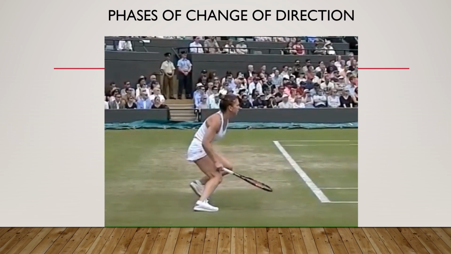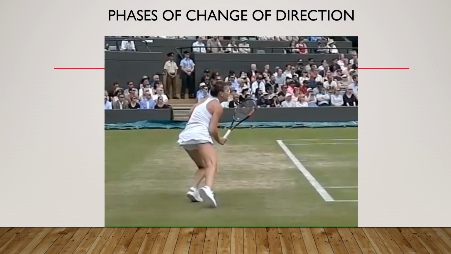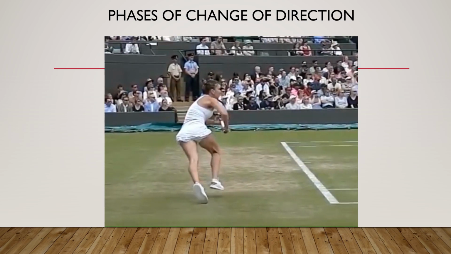So here we have this transition or stance phase, where we're transitioning from decelerating into re-accelerating out of the movement to get to the next shot. So from that transition phase, then a push off into the re-acceleration phase as they go for the next shot.